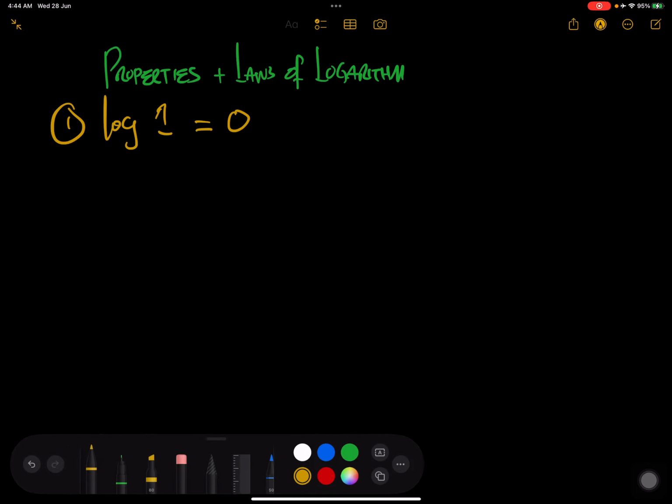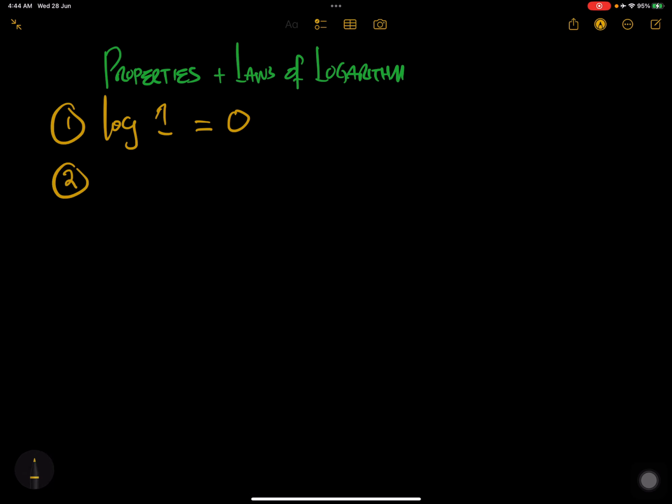The second thing is we said that if we have log and of the same base, the base and the result are the same, it means it's equal to 1. So let's keep that in the back of our mind.